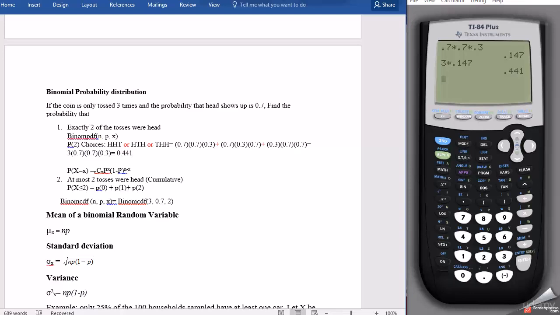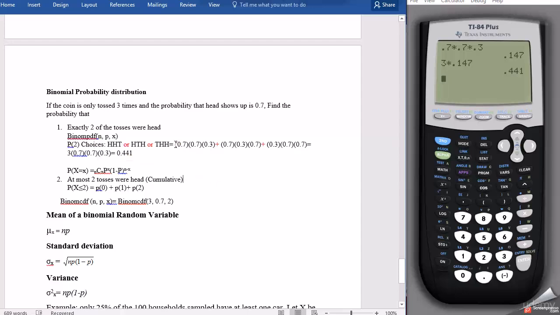Okay, now this is the formula for doing that. If you want to do it the long way, this is what you do. Probability that X is small x, in this case 2. Now you have a combination right here. This combination is actually telling you how many times the pattern is repeated.